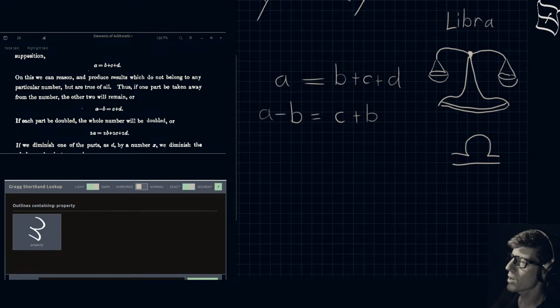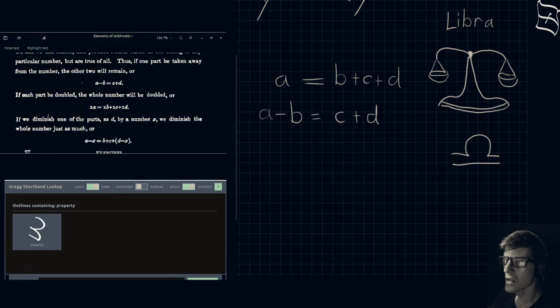Because we're talking about parts. We're talking about the parts of a number. So even though b has been taken away, one of the parts has been taken away, we still end up with equality. B was taken away from A, so therefore B was taken away from the three groupings, but C and D are still there.